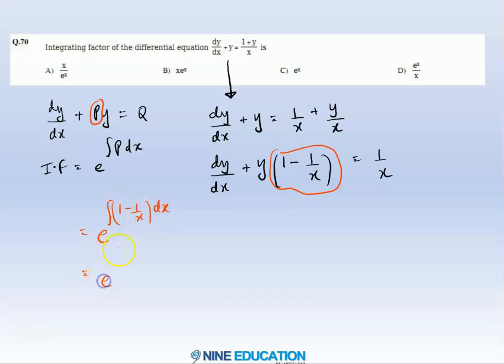So this is e power integral of 1, which is basically x, and the integral of 1 by x is log x. Then I can separate this, it will become e power x into e power minus log x.